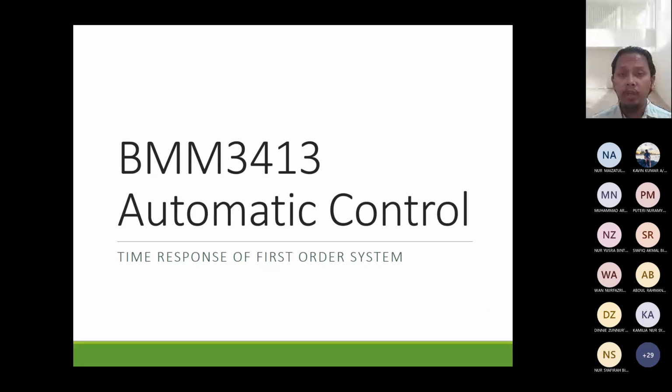But usually when we do control system, we tend to simplify the system to make it either into first order or second order. If you read more on control system from books, you will understand what I'm saying.